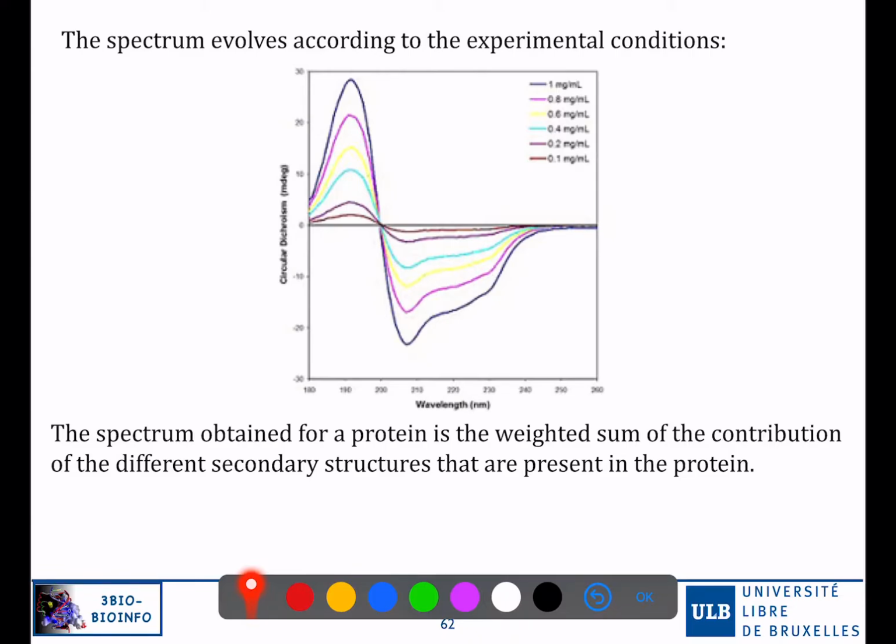So if you have, for instance, 50% of alpha helices and 50% of beta strands, the global spectrum that you will measure is obtained as a weighted linear combination of 50% of the spectrum that is characteristic of the helices plus 50% of the spectrum that is characteristic of the beta strands.